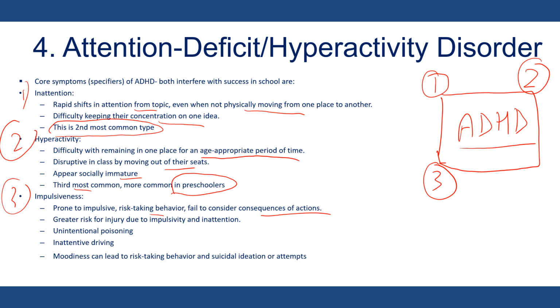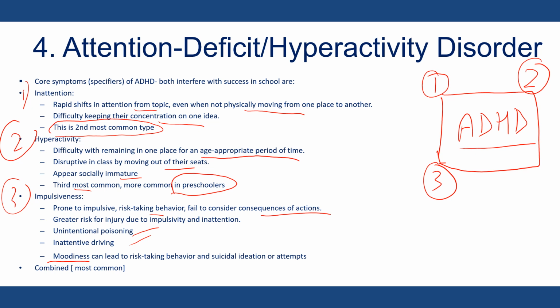But now they are doing this to a degree where they're putting themselves at great risk for injury, perhaps unintentional poisoning or inattentive driving. It's impacting their mood as well. They are at risk of suicidal ideations and harming themselves or someone else. Their mood is changing. So that would be impulsive behavior.